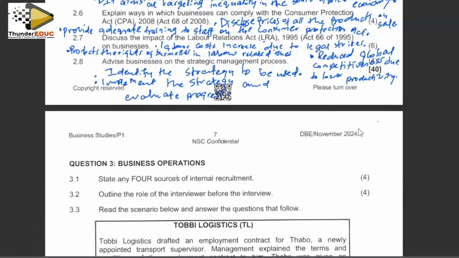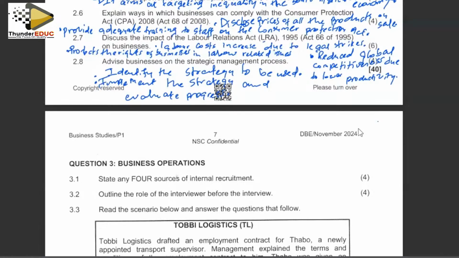So for strategic management processes, as a business, you must identify the strategy to be used, implement the strategy and evaluate the progress.